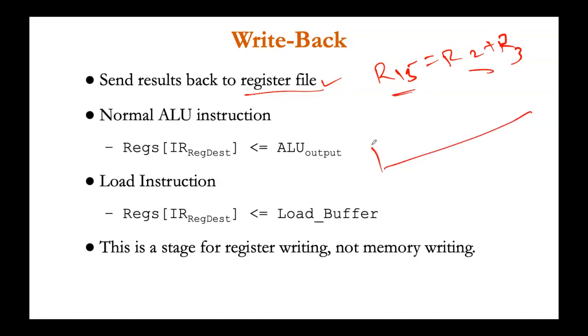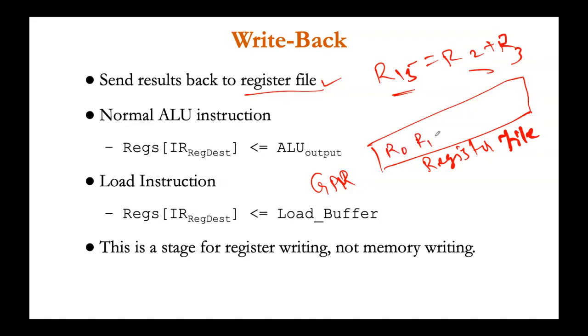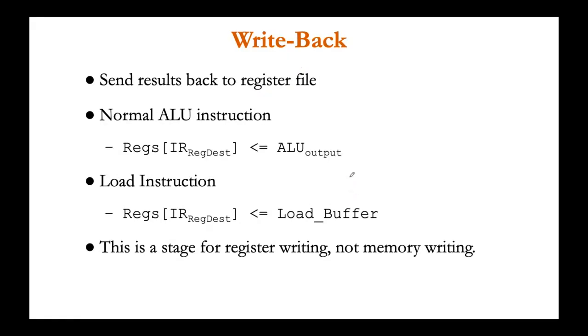These R15 registers are among the general purpose registers, which make up the register file on your CPU, having the registers R0, R1, R2, R3, and so on, up to R15. So the result may be stored in any of these registers. That is why it is called the register file.